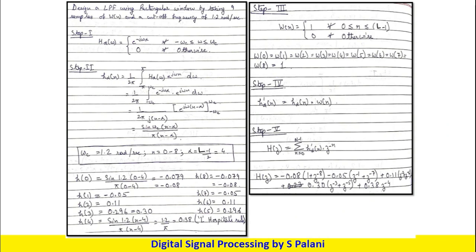Now let's look into the numerical. Design a low pass filter using a rectangular window by taking 9 samples of wn and a cutoff frequency of 1.2 radians per second.